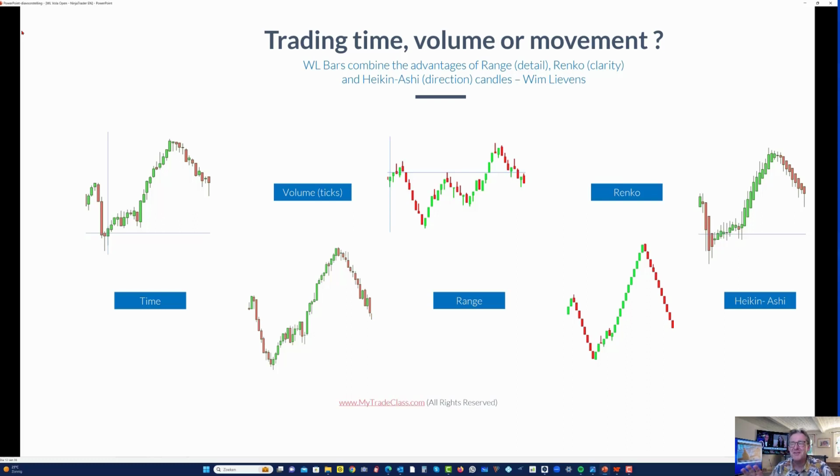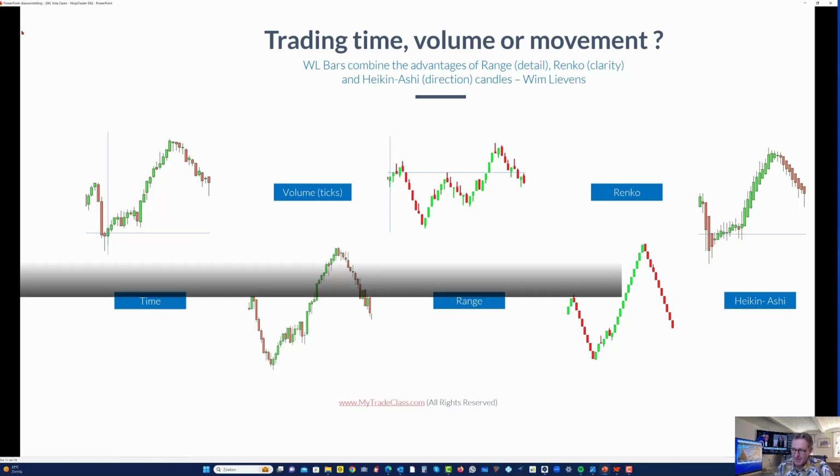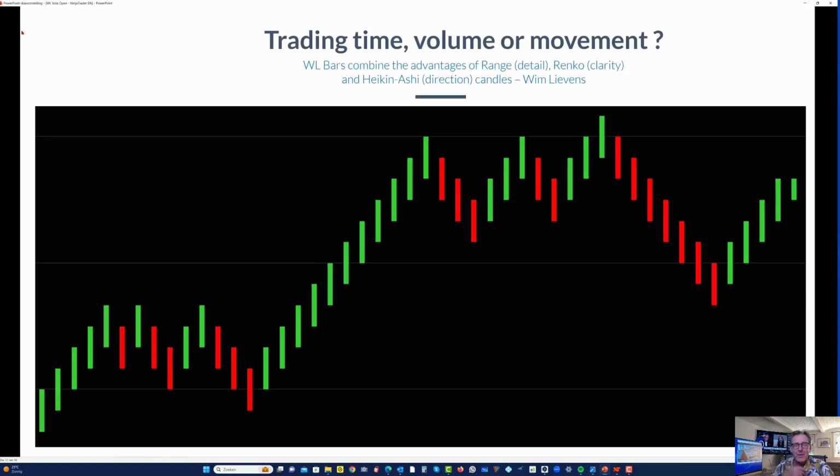The short version: I combined Renko, range, and Heikin Ashi, and they became the WL bars. This is a picture of how they could look. It's just one example in NinjaTrader. So basically, combining the detail of range bars, the clarity of Renko, and the direction or the swings of Heikin Ashi.